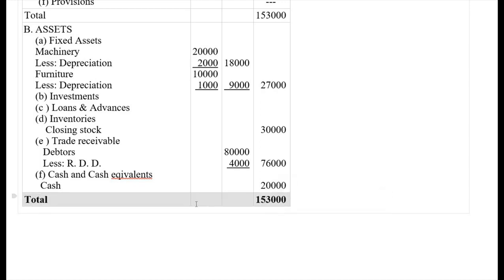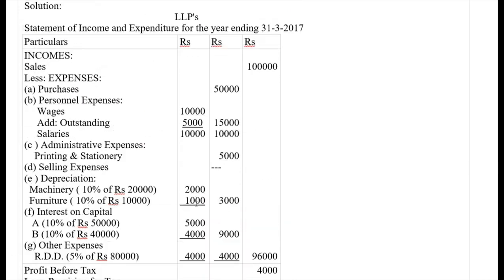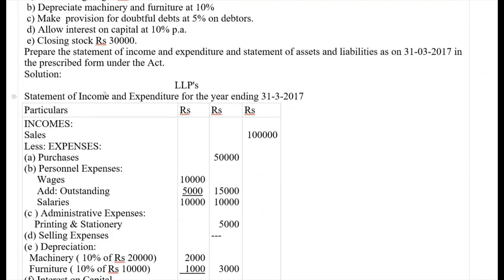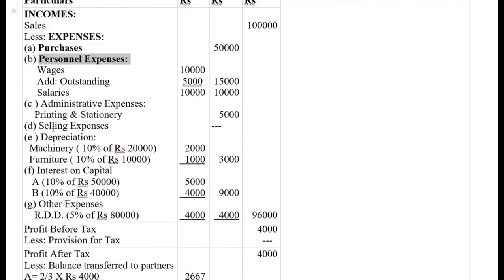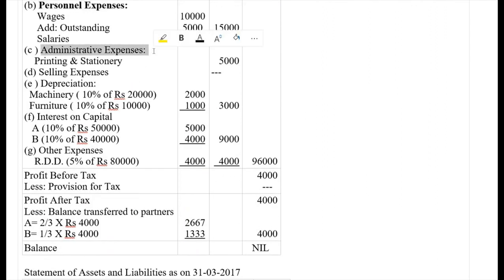So let me make the things bold here so that they can be easily distinguished. Purposely I have made them bold so that it can be easily understood by you people. I'm highlighting just the headings of the various items here, that's all.